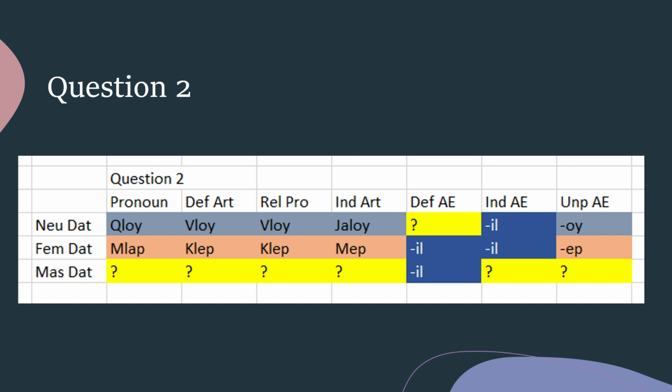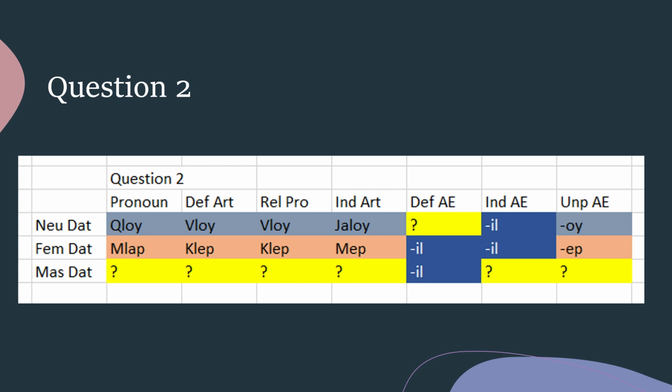Here, we're trying to figure out what most of the masculine dative is, as well as the neuter dative definite adjective ending. So the neuter dative is chloi, vloi, vloi, jaloi. The indefinite adjective ending is il, and the unpreceded adjective ending is oi.